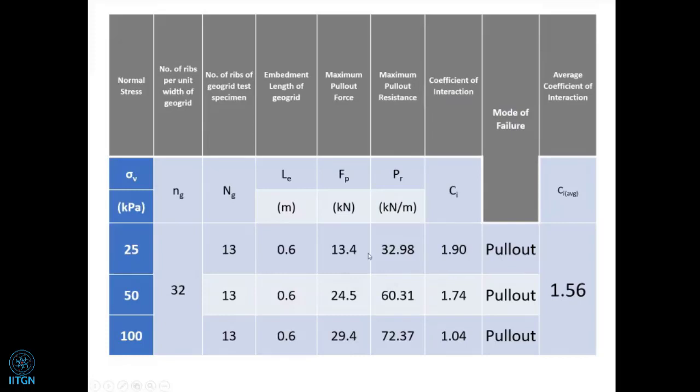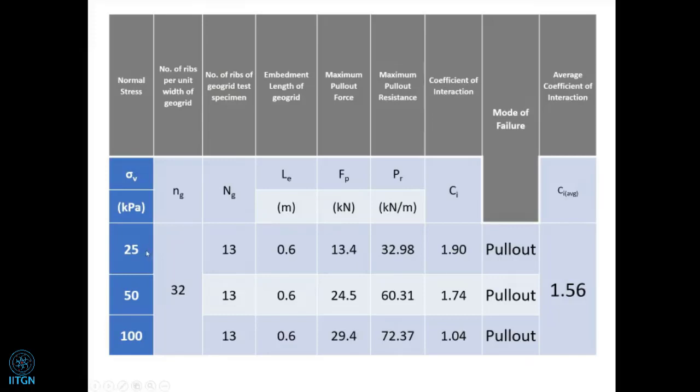And what is the maximum pull-out resistance we observed? Under 25 to 100, it increases from 32.98 to 72.37 kN per meter. Then the coefficient of interaction comes as per the calculation. At the lower normal stress of 25 kPa, it comes to 1.9, a higher value.